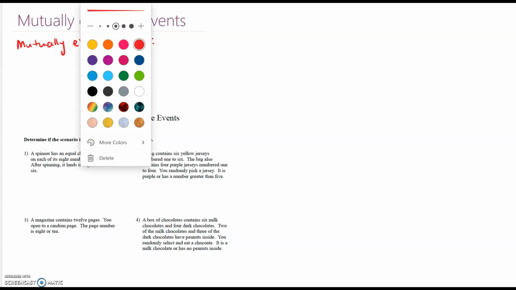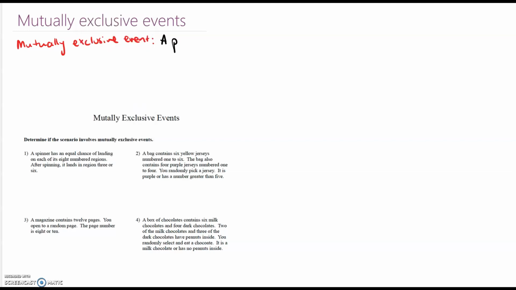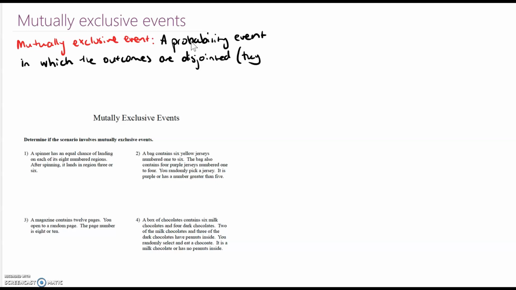It's a probability event in which the outcomes are disjointed, which means that they cannot occur at the same time. Sorry for my very bad handwriting there. So they cannot occur at the same time.